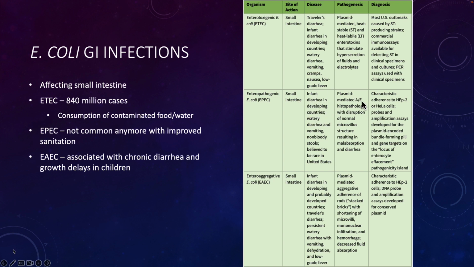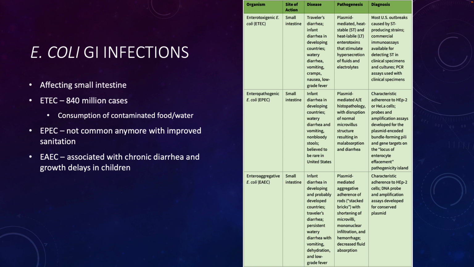This one has really interesting pathology. It disrupts the normal structure of the microvilli in the intestines. And remember, in the intestines, the microvilli are super important to provide a lot of surface area for fluid absorption.